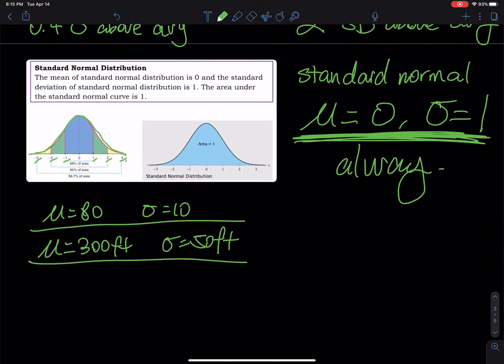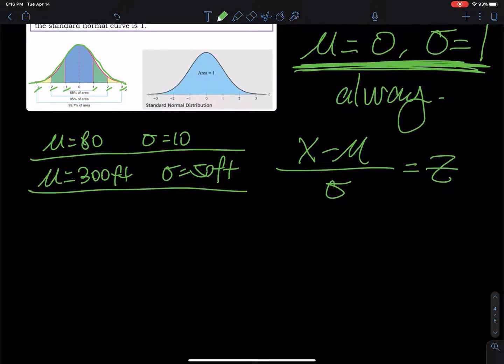The purpose of doing standard normal is I want to take an observation, subtract the mean, divide by sigma, and then that equals a standardized score. So this is how we standardize. Z equals x minus mu divided by sigma. You take an observation, subtract the mean, divide by sigma, you get a z.